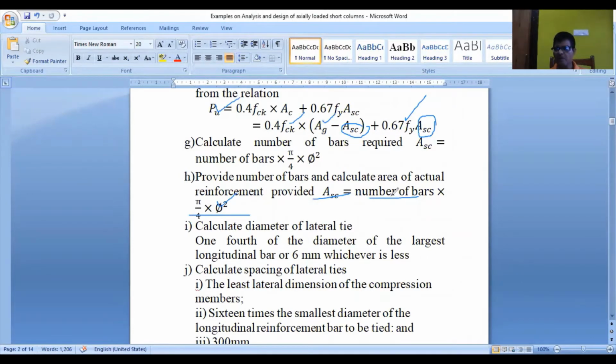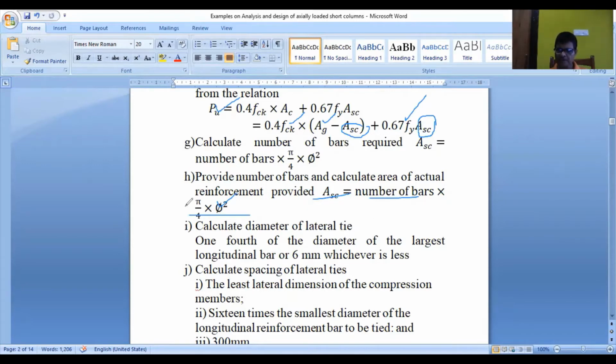Now, once you find number of bars, as per the codal provision on page 78, the minimum number of bars required for a rectangular section is 4, square section is 4, and circular section is 6. If the number of bars is less than that value, you will take the minimum value. Or if the value is more than that value, then take some round figure and provide along the section.